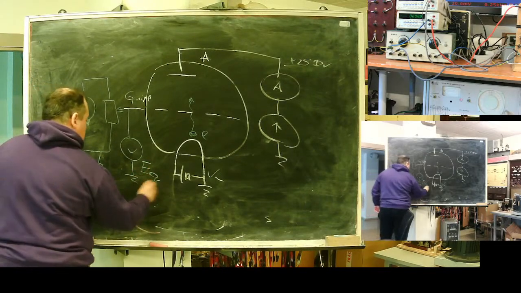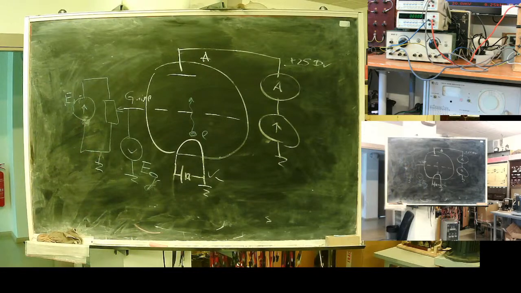It's a grill voltage. What effect will positive grill voltage have on the current? Electrons are accelerated, this means current can flow easily, yeah? So, current will increase. And negative charge will decrease current.